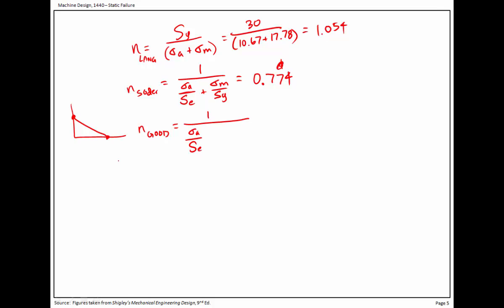It's just not infinite. And notice with the equation for the Goodman, likewise, we used SE to compare the alternating, but we used the ultimate strength for the Goodman. So that's how it's arranged, and we get 0.885.